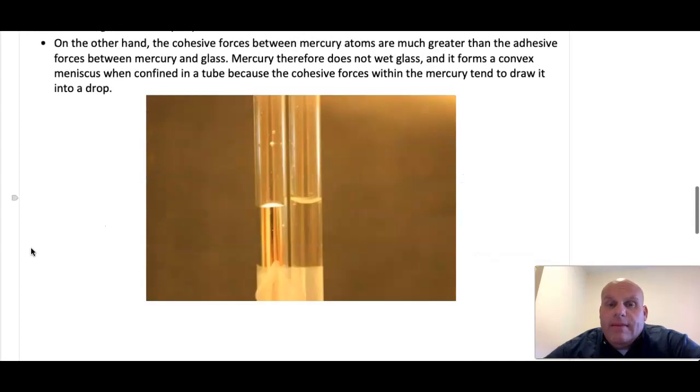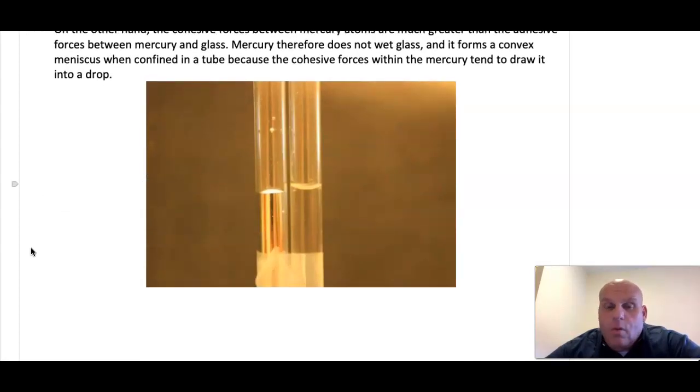I think this diagram of the meniscus of water versus mercury in a glass tube is a good explanation and distinction between cohesive forces and adhesive forces. In the tube on the right, water, you can see the meniscus is concave down because the forces of attraction between the water molecules and the glass tube, the adhesive forces, are greater than the cohesive forces, those forces of attraction between all the different water molecules near the surface.